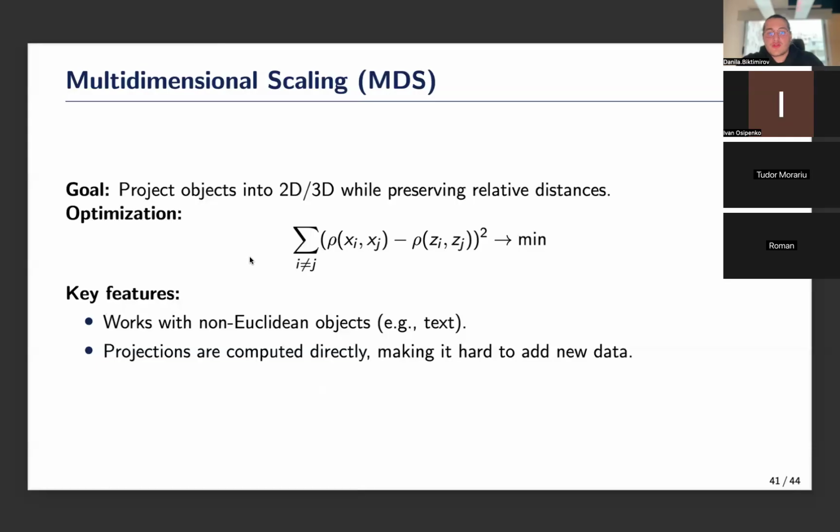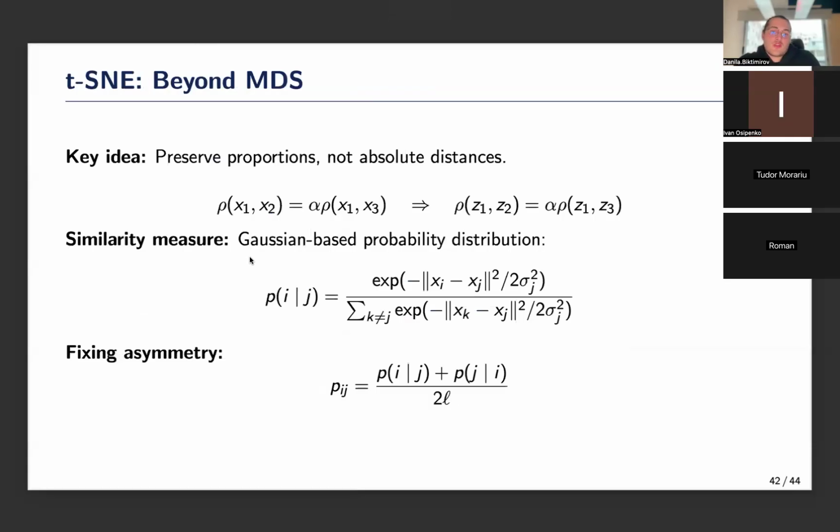If we don't need to display new test data, it's preferable to use dimensionality reduction methods that transform objects using a certain model. One of the most popular visualization methods today is t-distributed stochastic neighbor embedding, t-SNE, which addresses several key problems of multidimensional scaling.